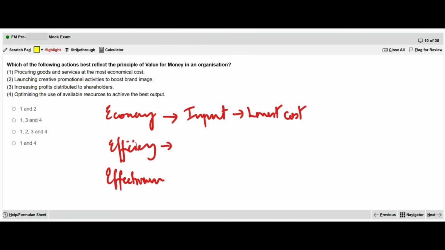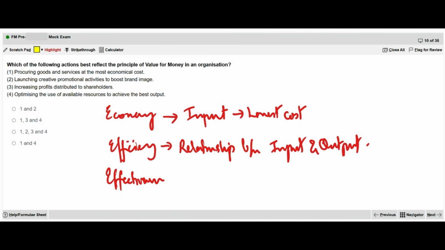And efficiency is about productiveness, or the relationship between input and output. We want to get maximum output for what goes in. And effectiveness is the extent to which the declared objective is achieved, we achieve the goal.